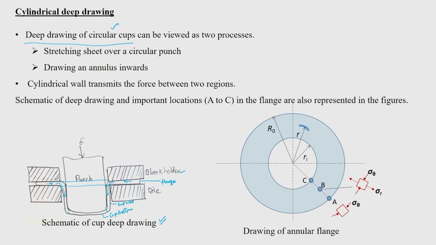Of course, these two happen continuously, but you can view them as two different operations. One is stretching the sheet over a circular punch. That is what I was telling you initially, that the cup bottom gets stretched below the punch, and the other is drawing an annulus inwards.